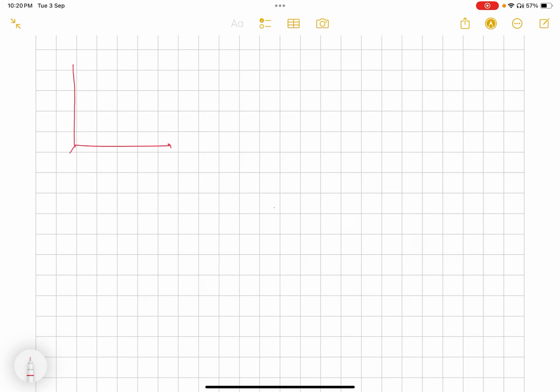So this is the Cartesian coordinate system, or we can say rectangular coordinates.